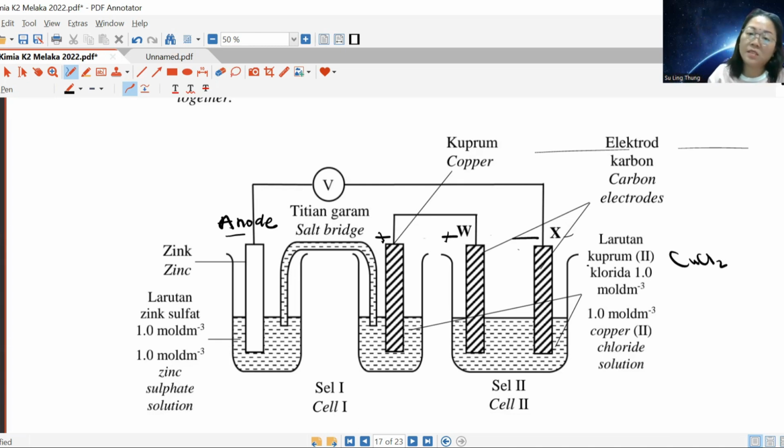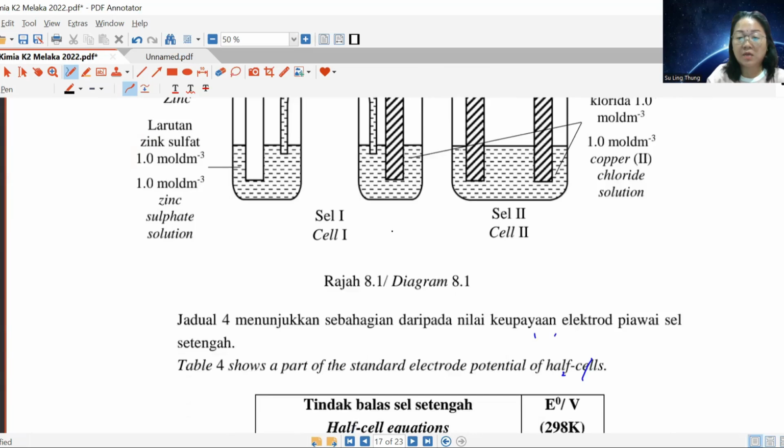Because we are using CuCl2, we've got 4 types of ions available here, which are the Cu2 plus ions, H plus ions, hydroxide ions, and also the chloride ions. Because this is at positive, it will attract chloride and hydroxide ions.